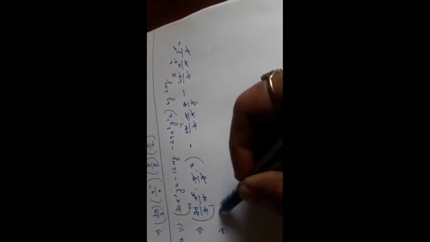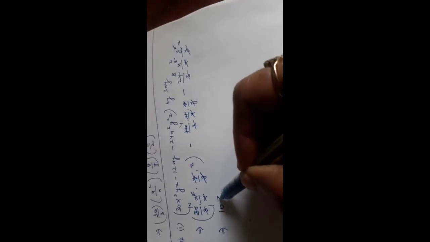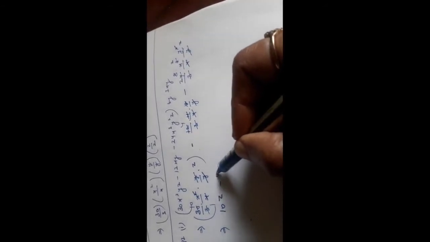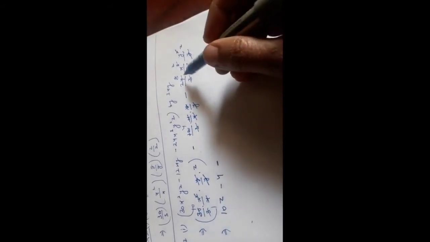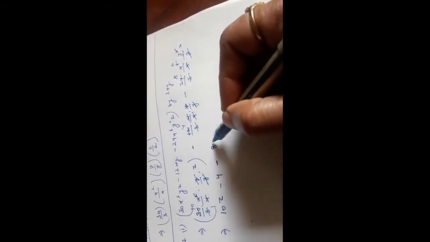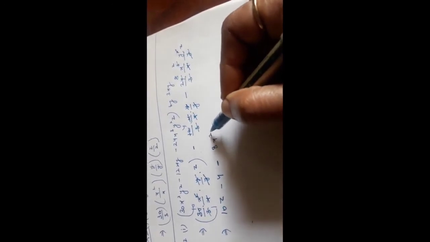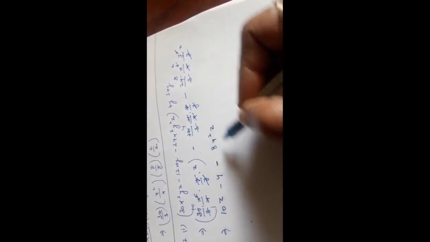So our answer would become 10z minus 4 minus 8x square z.